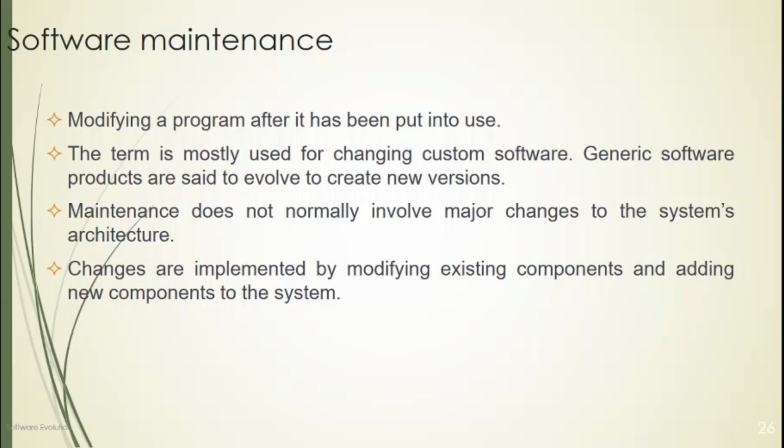That's why the term is mostly used for changing custom software, because software maintenance is not for general purposes. For a product developed for general users, the maintenance is very little, whereas for a product designed for a particular customer, there is software maintenance.